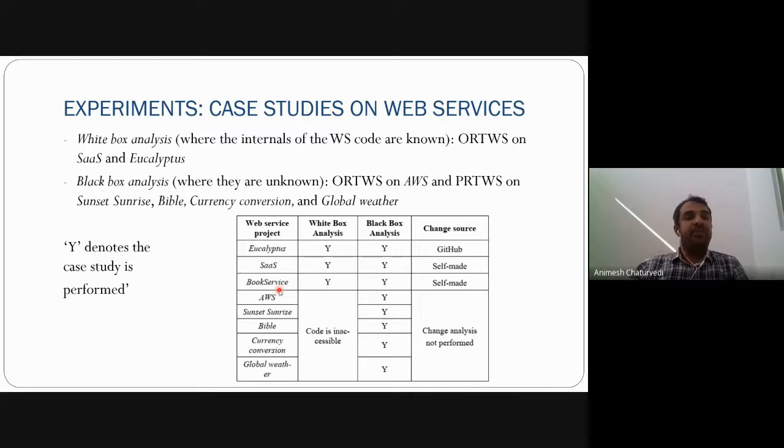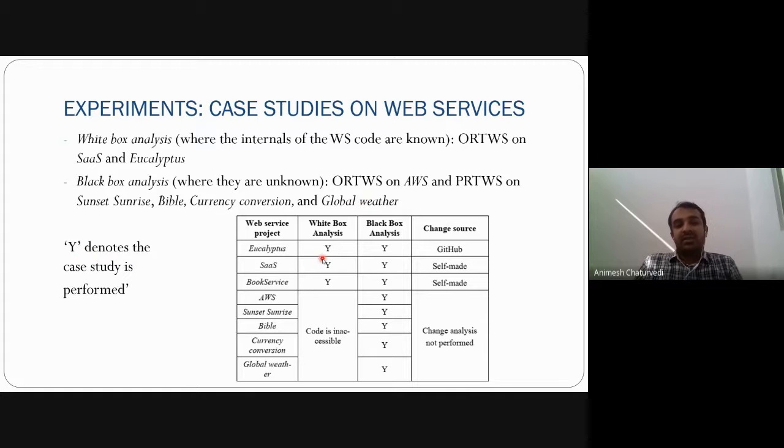We did experimentation with white box analysis in ORTWS with SAS and Eucalyptus web service. We also did black box analysis for ORTWS with 4 or 5 available web services like the Sunset Sunrise web service, Bible web service, currency conversion web service, and global weather web service.